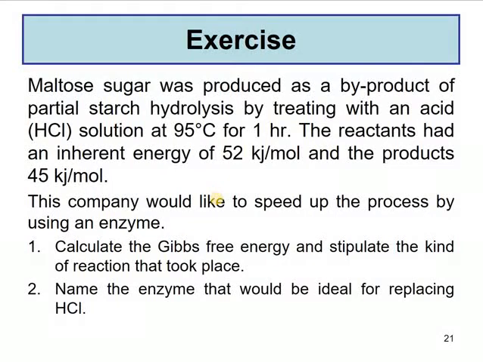So you must use the Gibbs free energy to calculate this and then tell us the type of chemical reaction. Easy peasy, isn't it? Then it says name the enzyme that will be ideal for replacing HCl. So which enzyme do you think is ideal to break down the starch? That will be your exercise that you have to do on your own.